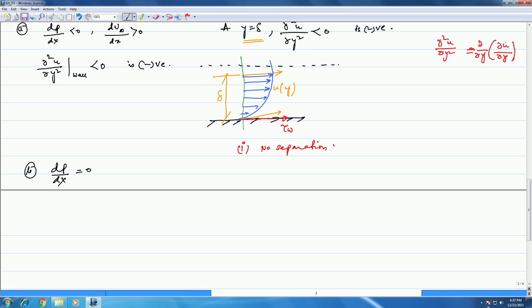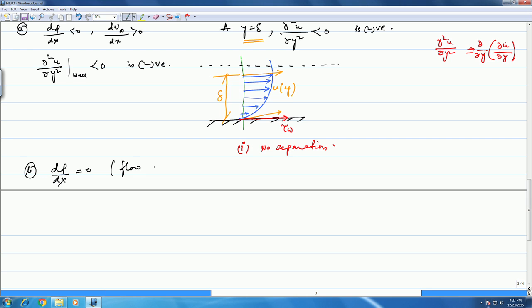If the flow is accelerating, you have dp/dx negative, and vice versa. If there is constant, uniform flow, then dp/dx is 0, which happens for the case of a flat plate.